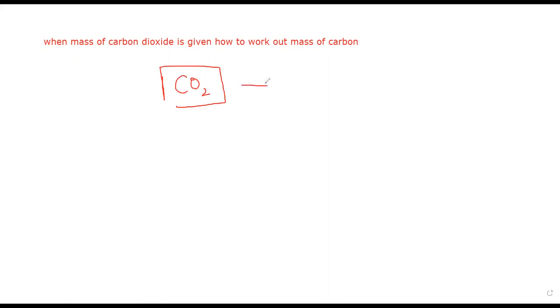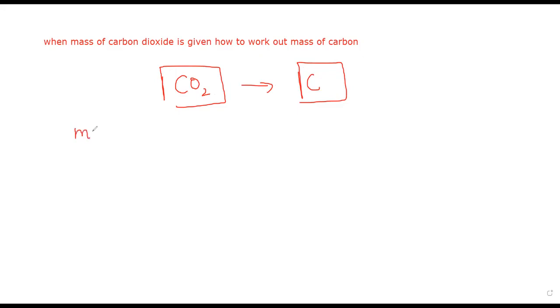How you can work out the mass of carbon. As you can see, in the carbon dioxide CO2 molecule, how many carbon atoms are there? It contains 1 carbon atom.